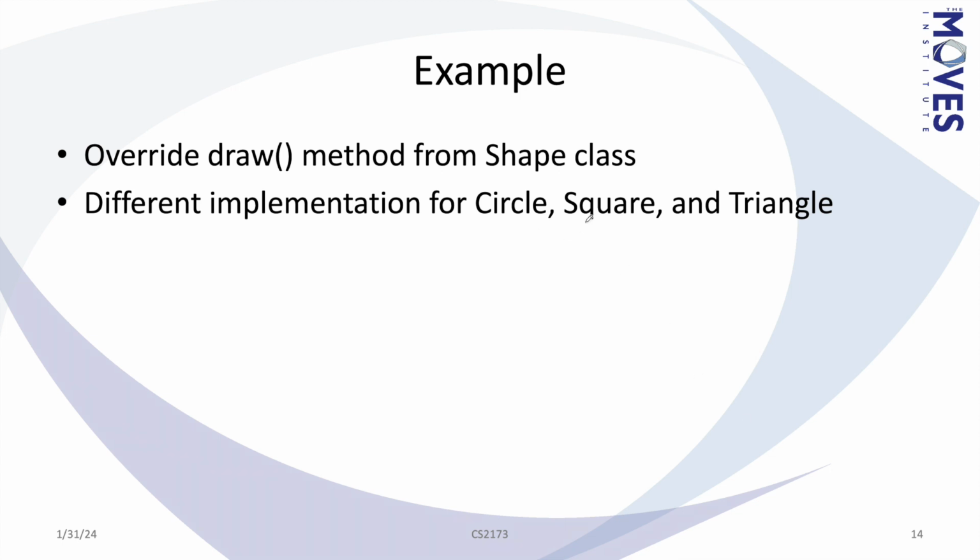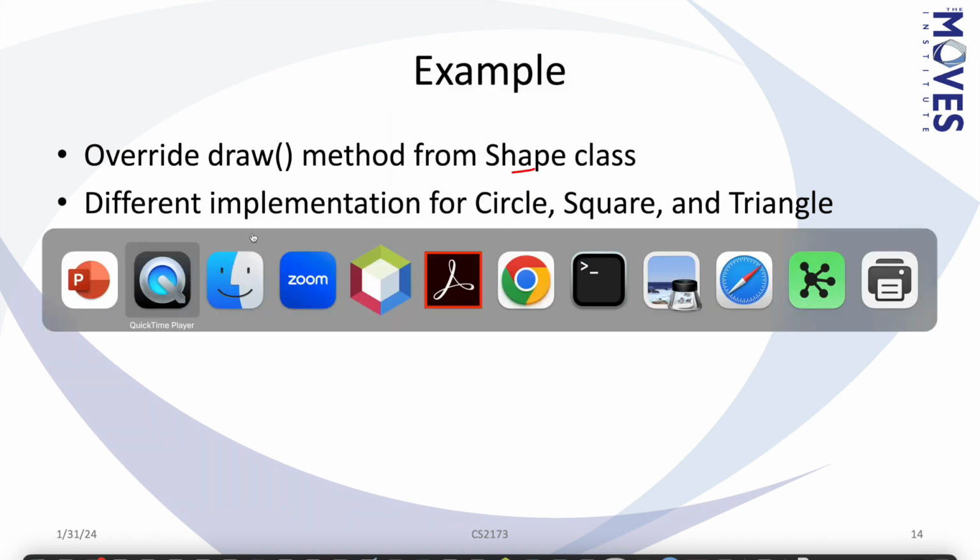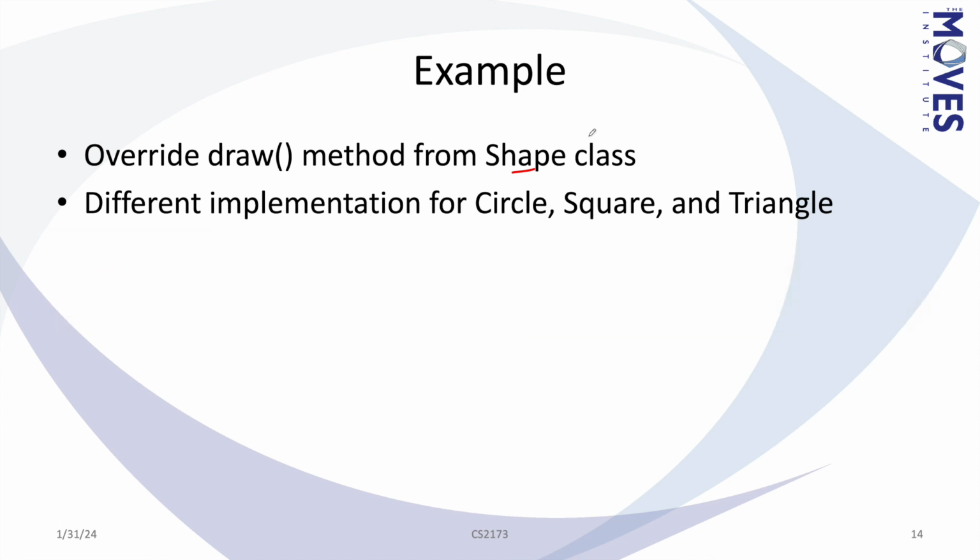In the context of the shapes, draw was defined in shape, so if I call it on something that's been declared to be a shape but is one of these, it will be implemented differently.